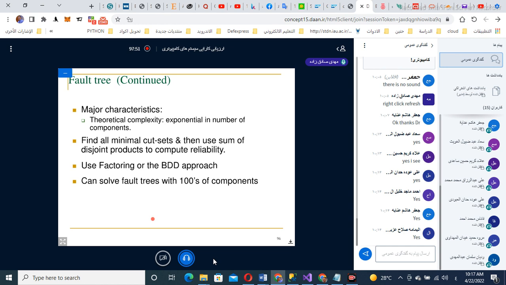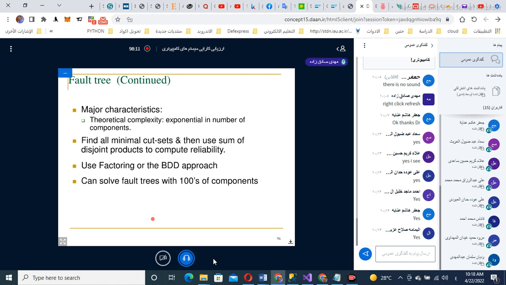Major characteristics: the historical complexity is exponential in the number of components. Find all minimal cut sets, and then use sum of disjoint products to compute reliability.